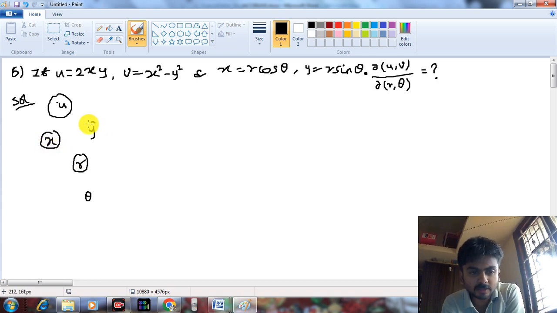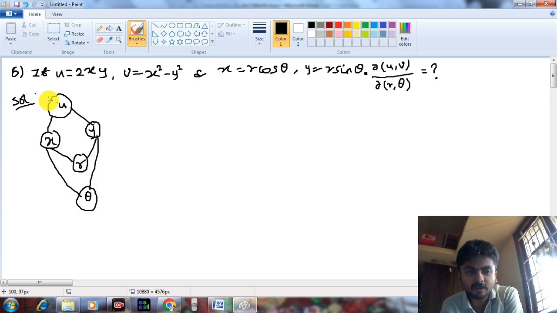In the same way, if we want to find the total derivative, we have to make use of this formula. Here we will have v instead of u.